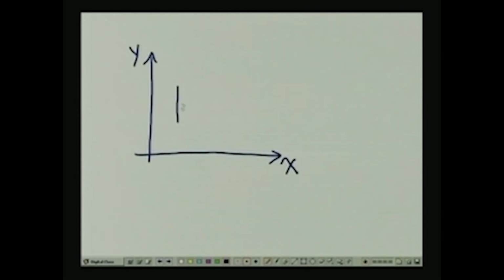Let us say we have got a two-dimensional element like this. This is our x direction and that is our y direction, and let us consider a two-dimensional element, and the x dimension of the two-dimensional element is dx and the y dimension is dy.